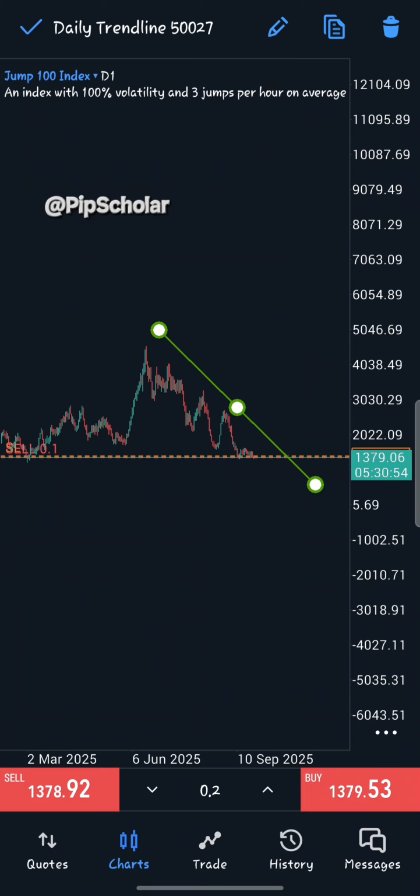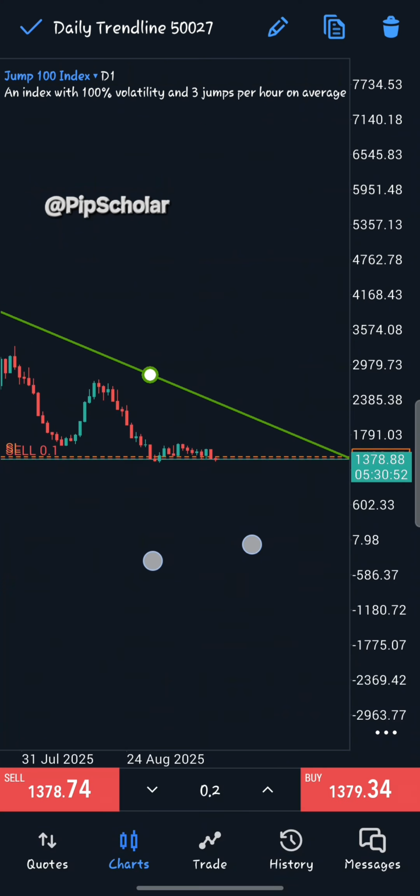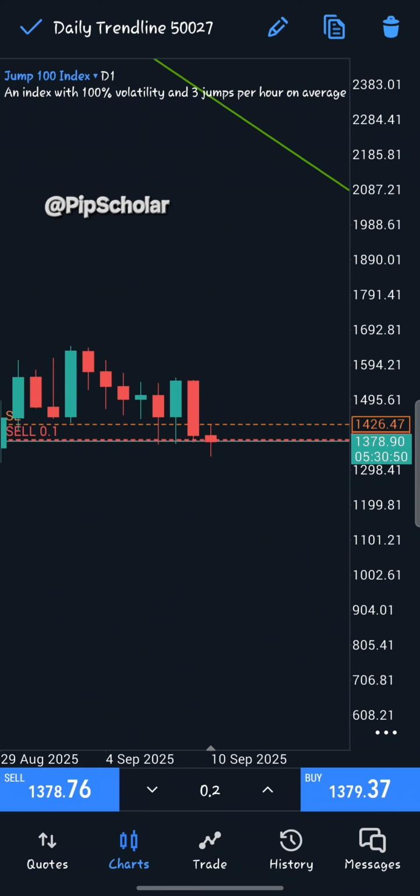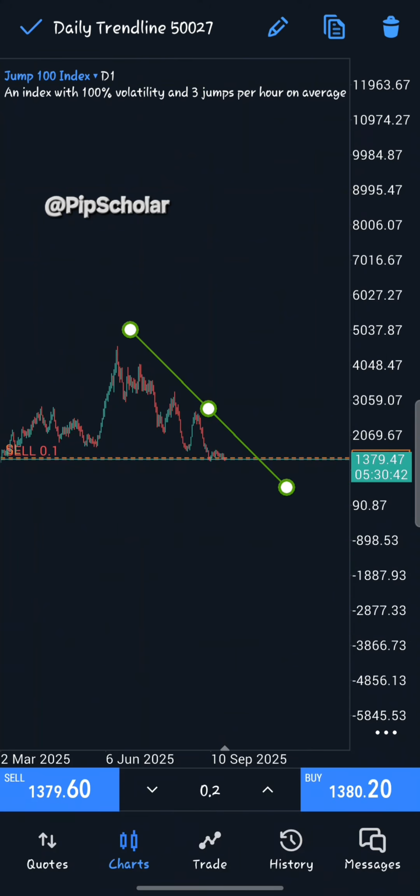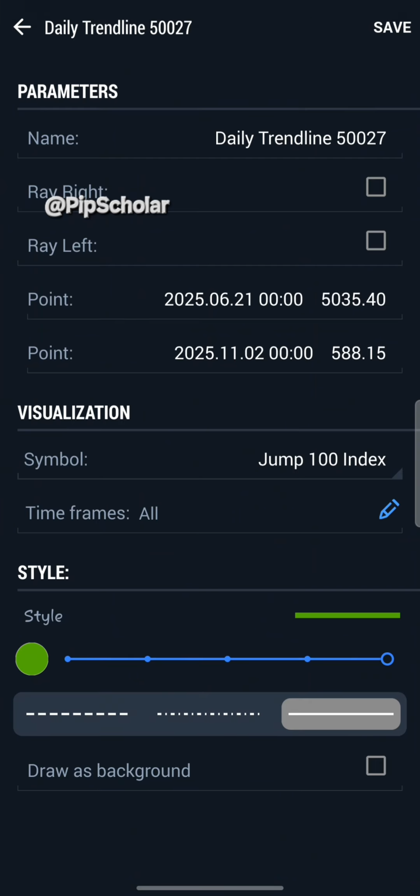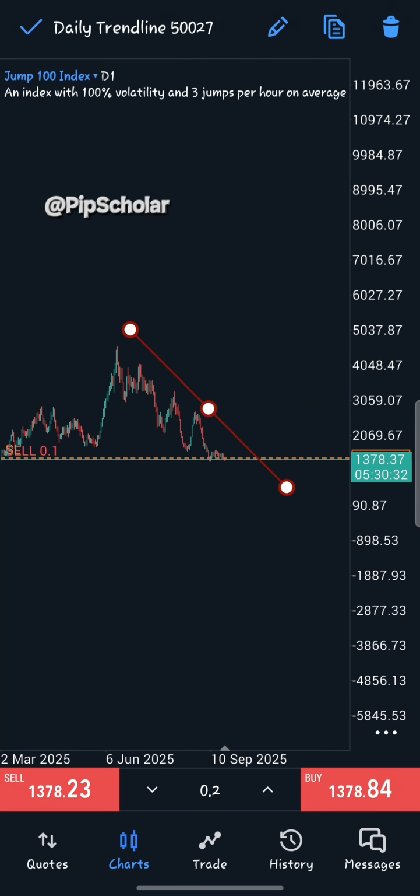From this candle, we can see that sellers were powerful. So I will change my trend line to red, so that I will know the market is selling when I get down to the lower time frame.